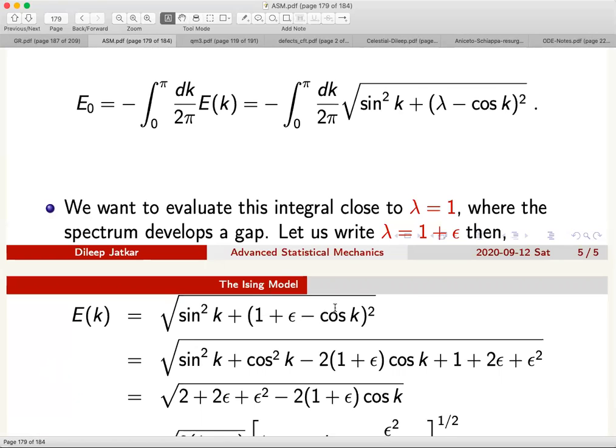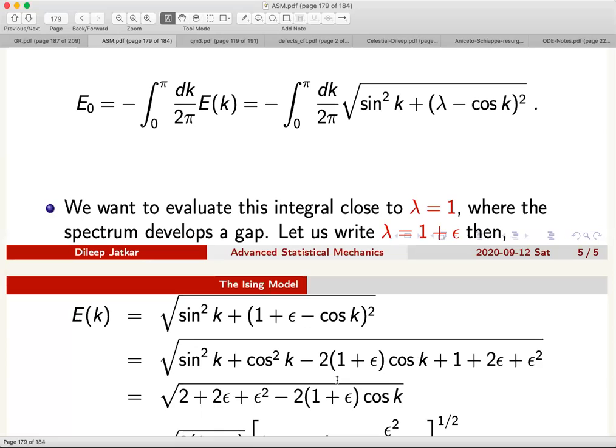When you expand, you get a cos squared k. So you have a factor 1 coming from sine squared k plus cos squared k. There is another factor of 1 coming from the square of 1 plus epsilon. Then there is a cross term 2 epsilon plus epsilon square from the square of this, and a cross term between 1 plus epsilon and cos k.